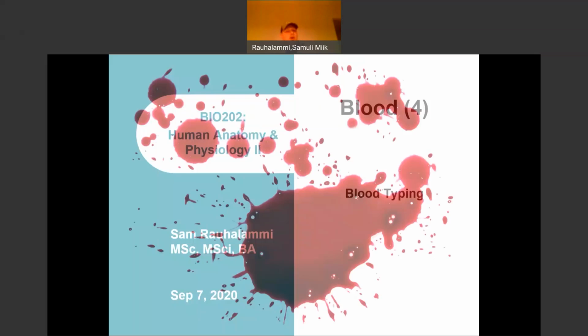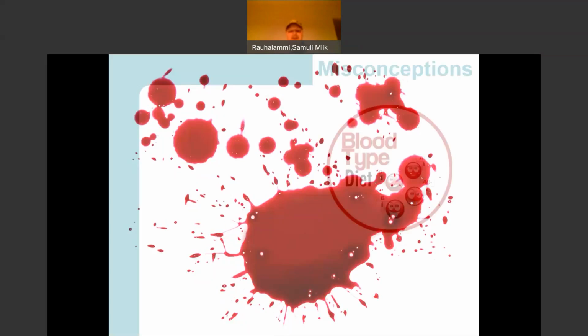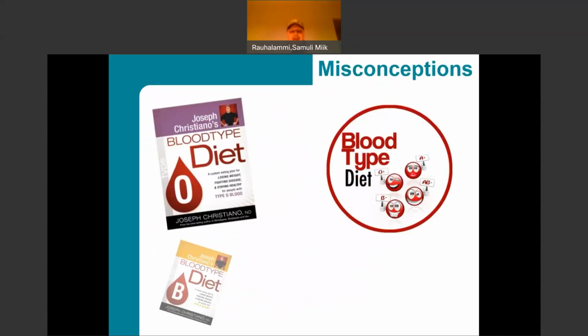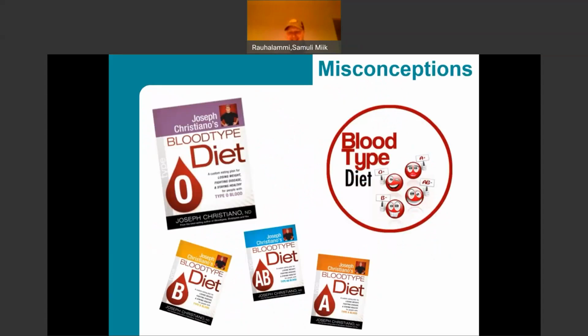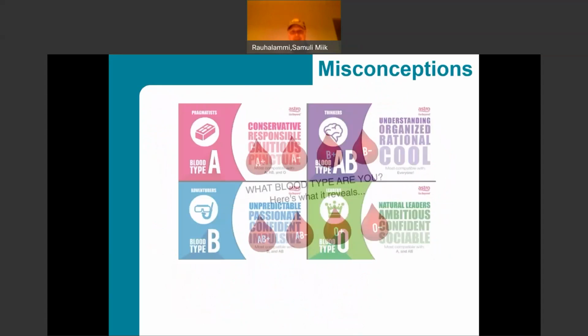And I really enjoy talking about blood types because there are so many misconceptions regarding blood. I've seen some really interesting ones, for example, that you could eat based on your blood type, or that maybe your personality would be impacted by your blood type.